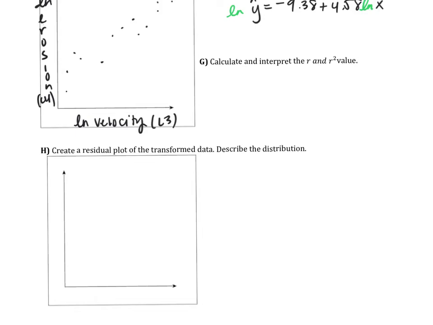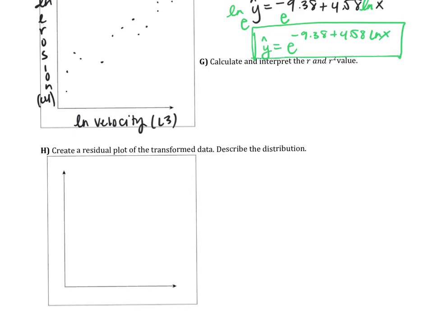So we need to write in that natural log. And in order to get rid of that natural log to give me a y hat equation, I need to raise both sides to the power of e. So my actual least squares regression line is y hat is equal to e to the negative 9.38 plus 4.58 natural log of x. This is the line that fits my original data that seems to have some slight curvature.